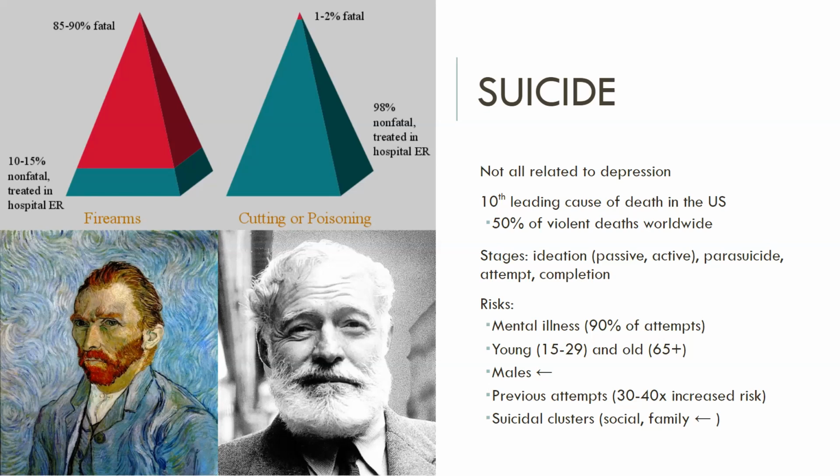And so by and large, one of the big reasons that males die more often has to do with the choice of means, which will lead us into a really easy, straightforward intervention that we'll talk about in the next slide. Previous attempts is also going to be a huge risk factor. It's probably the strongest risk factor that we have. Someone who has survived a previous attempt has a 30 to 40% increased risk of dying by suicide compared with someone who has not made a previous attempt.